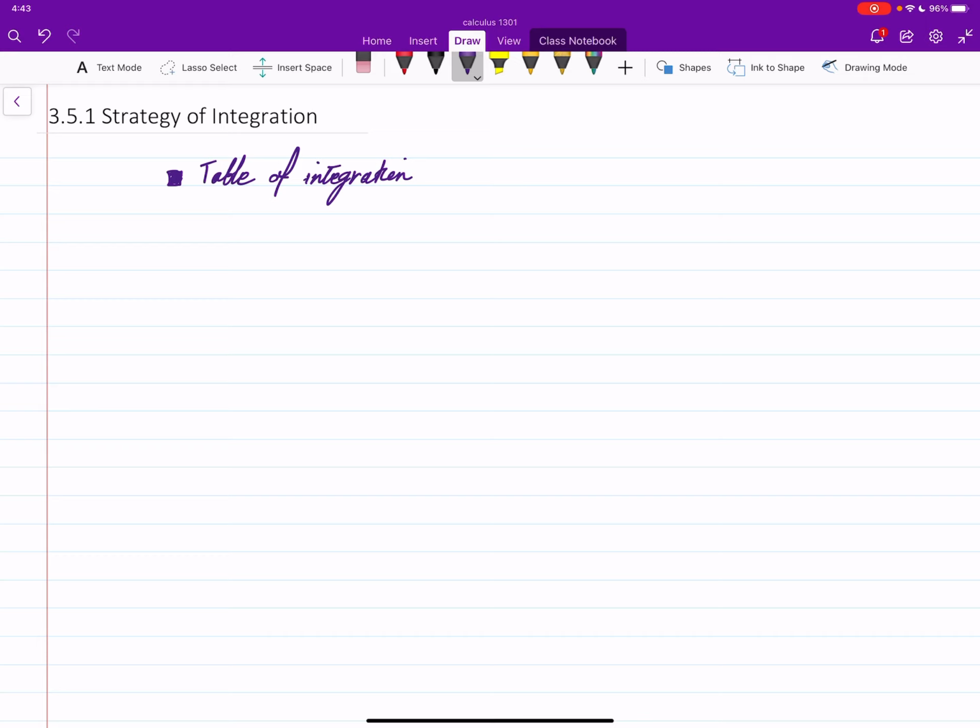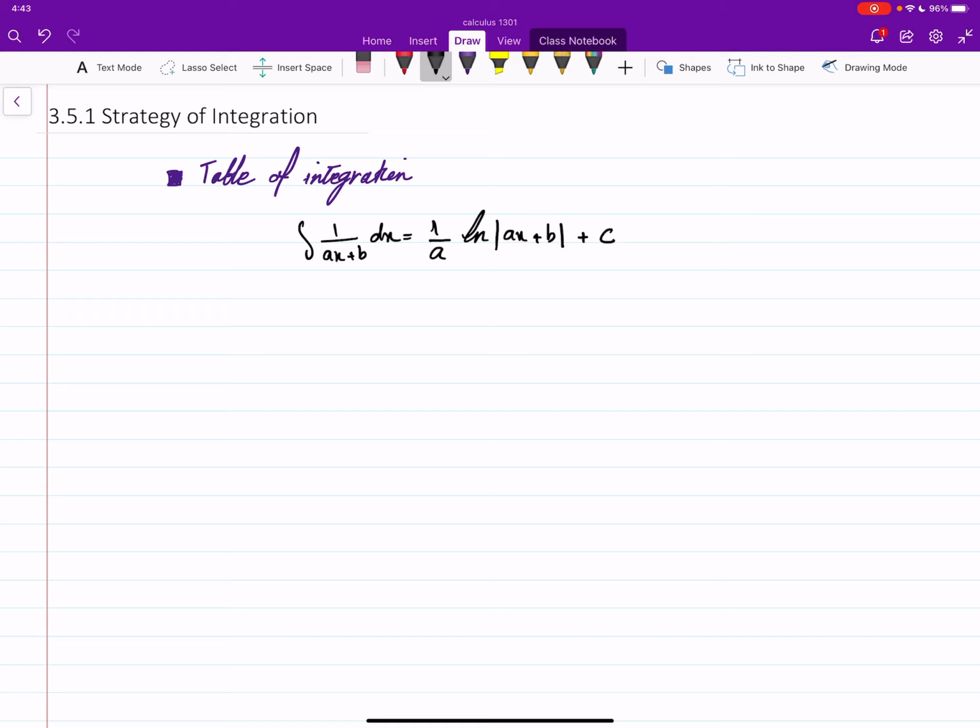For example, things like the integral of 1 over ax plus b dx. We know that this can be evaluated using substitution, but now you can have it on the table, and this will give us ln of ax plus b.